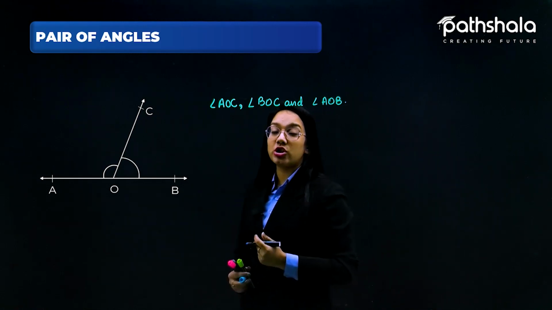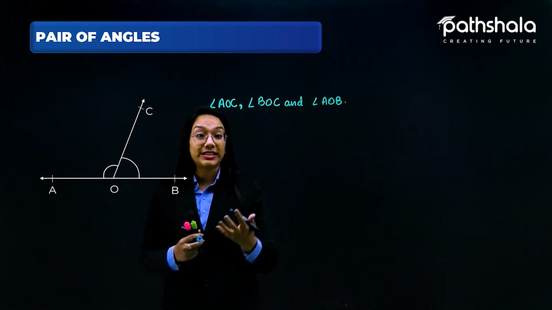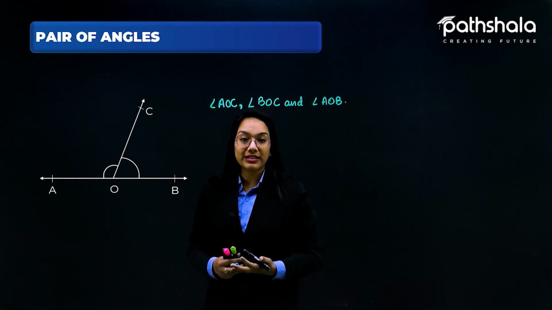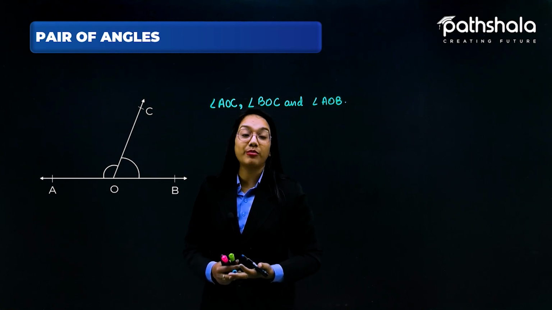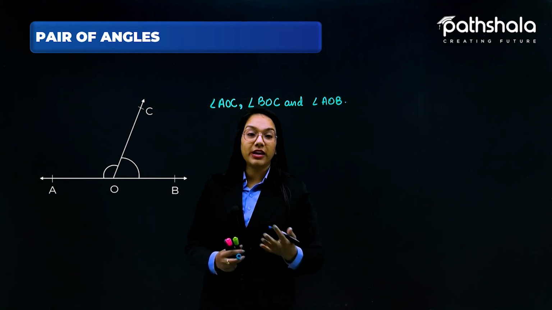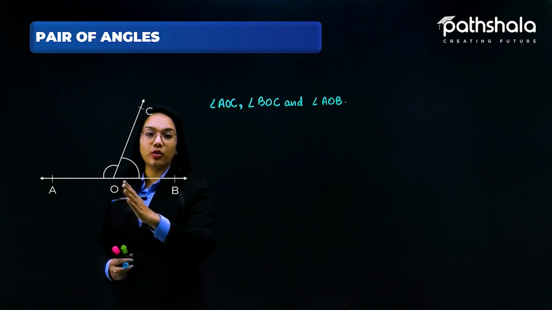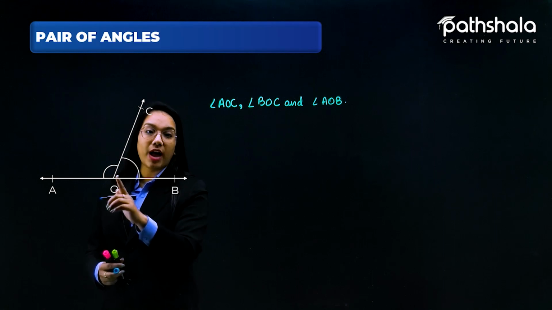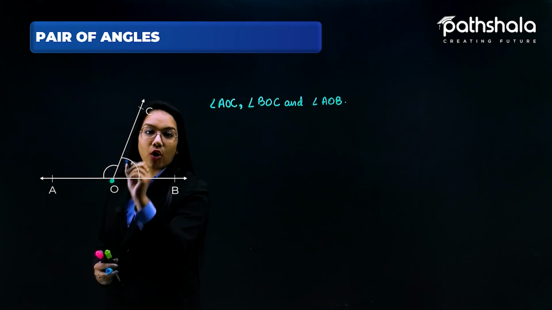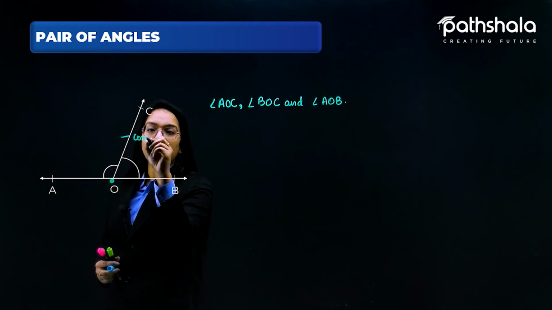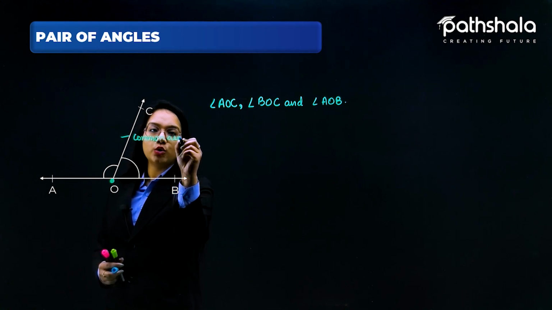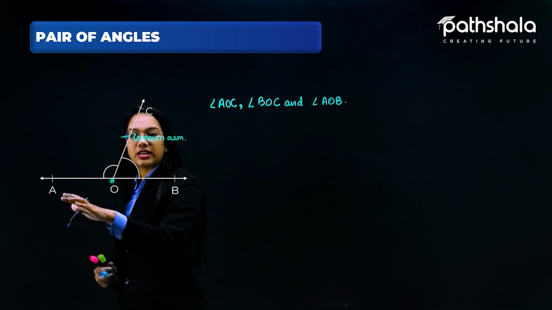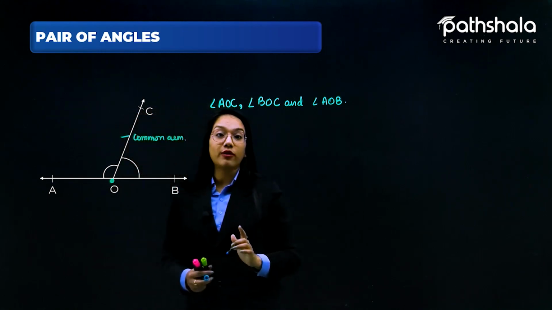Let us recall the adjacent angles. Adjacent angles are two angles that have the same vertex and a common arm, and the two non-common arms lie on opposite sides of the common arm.